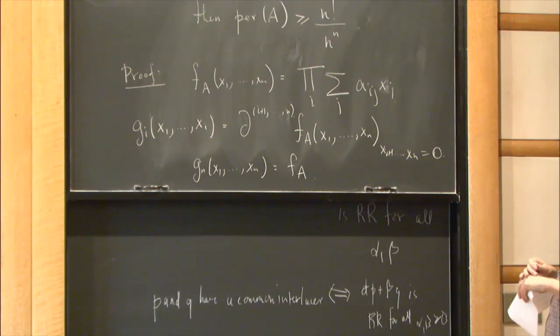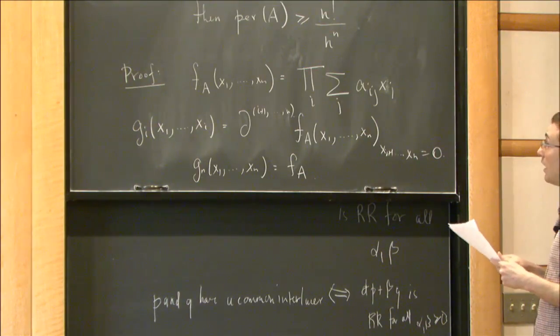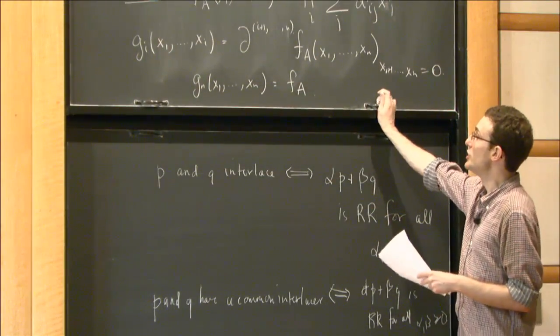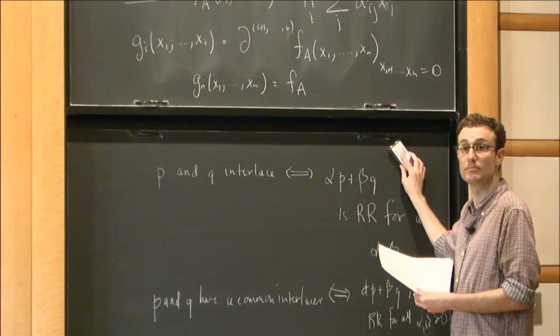And now the question is, what is g_0? The permanent.